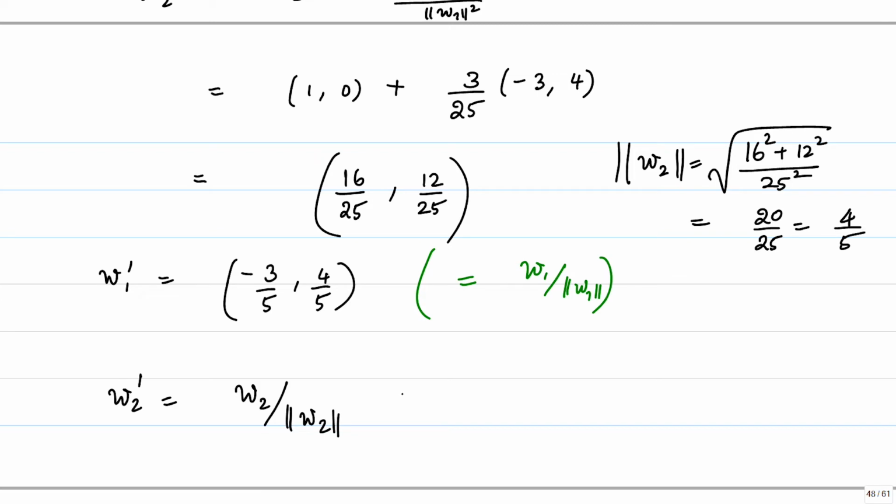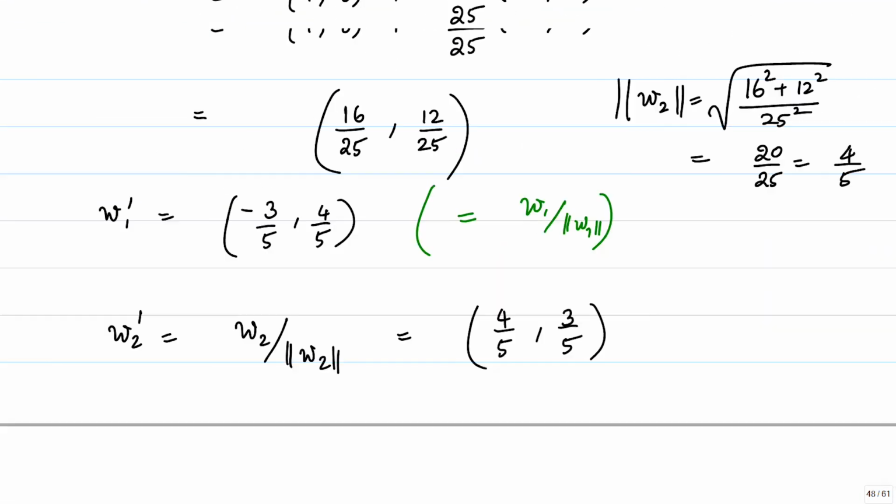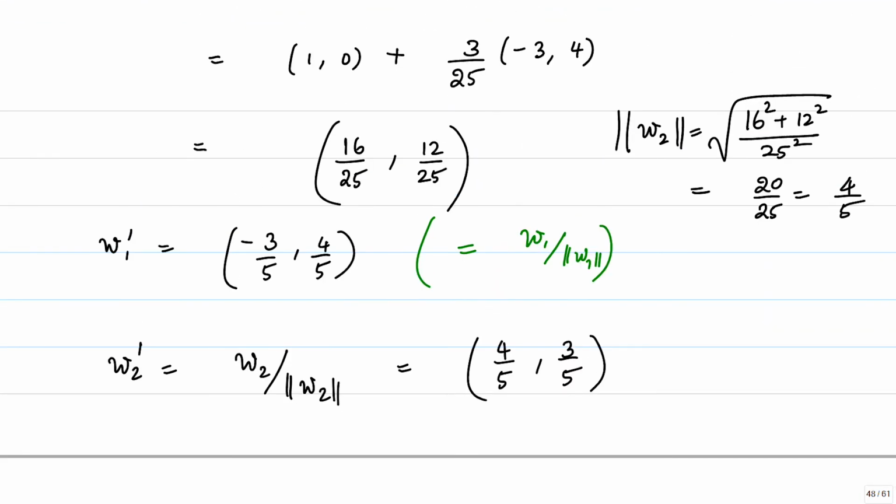So we divide by 4 by 5, which is going to give you 4 by 5 here, and this is going to give you 3 by 5. Right, so we get W1 prime is (-3 by 5, 4 by 5), and let's see, minus 12 plus 12. Yes, so this is certainly orthonormal, and it's an orthonormal basis.